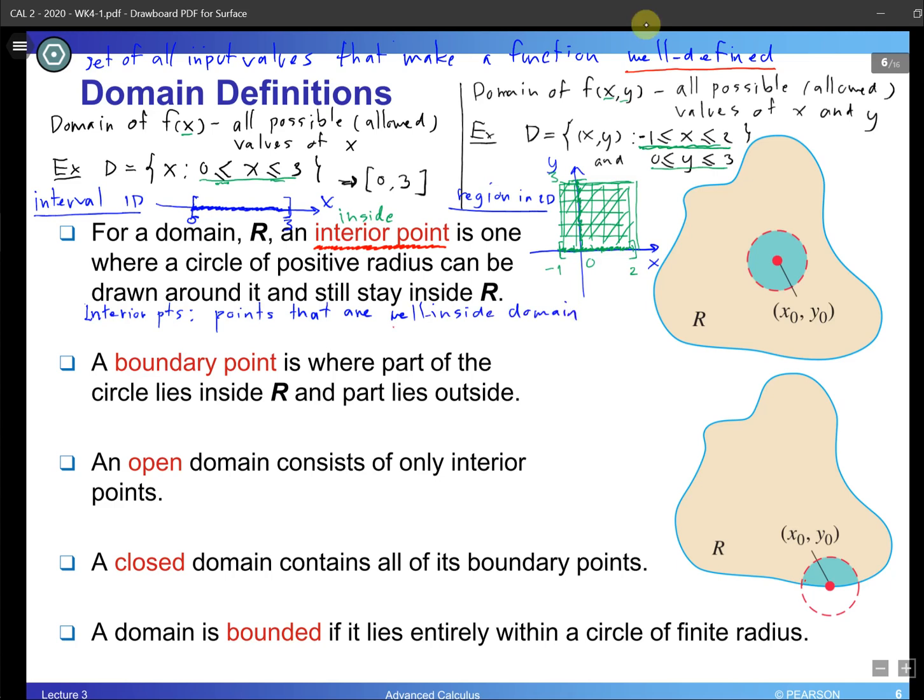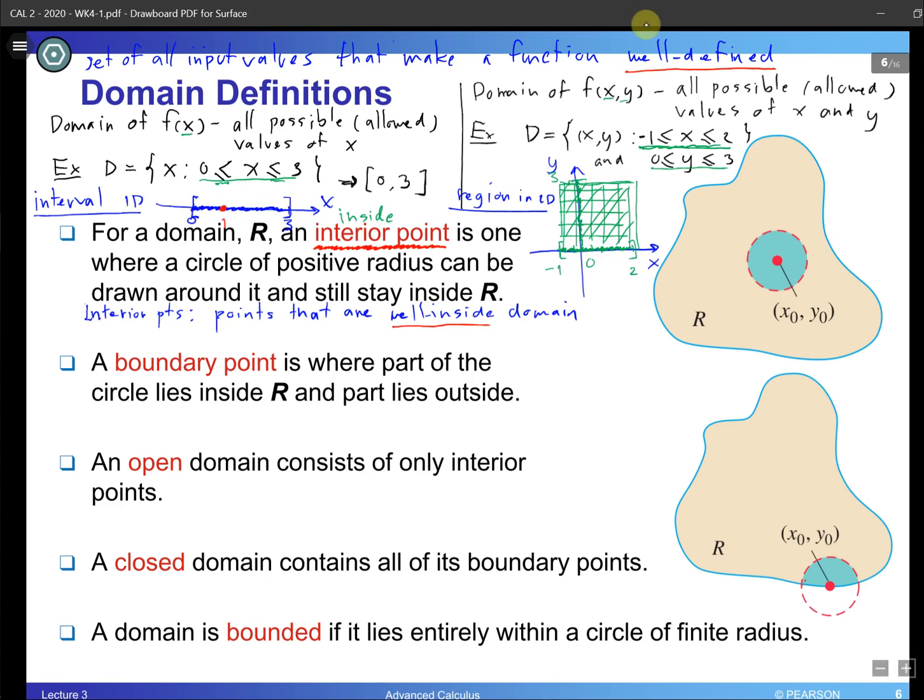We can try to make this clear by looking at the graph. What about I pick some points and let's determine whether it's well inside. What about I pick one right here in the interval at x equal to 1. It's quite obvious by the visual, right? By the look of this, that this point is well inside the interval.